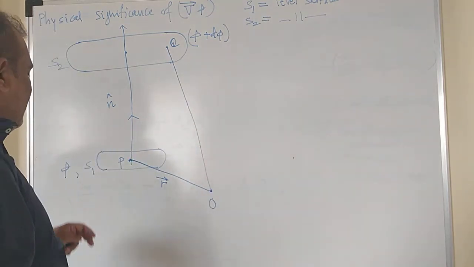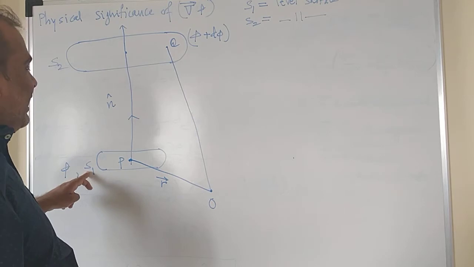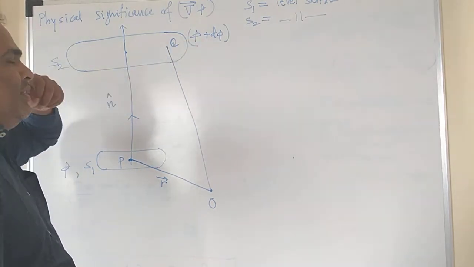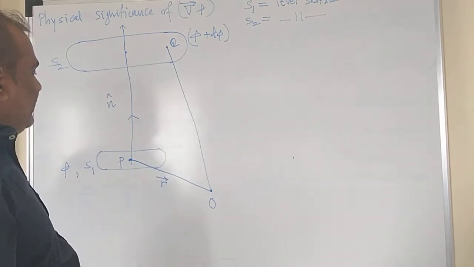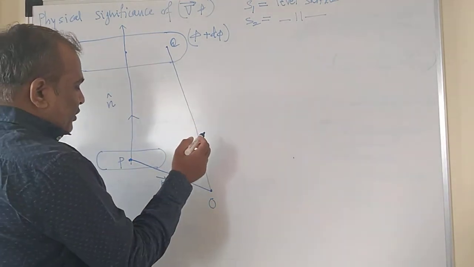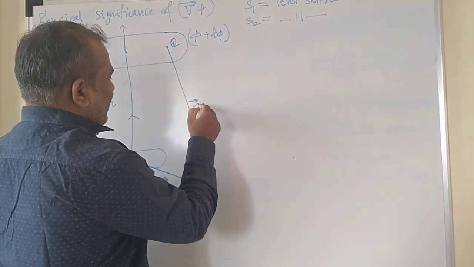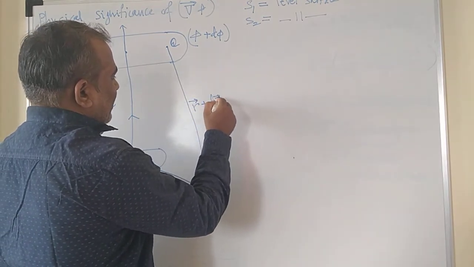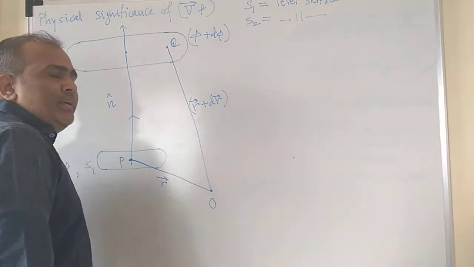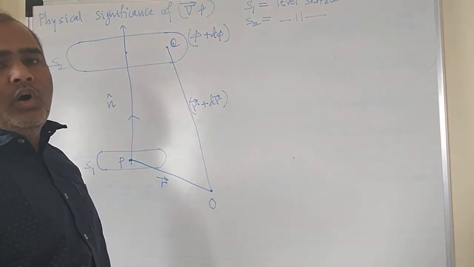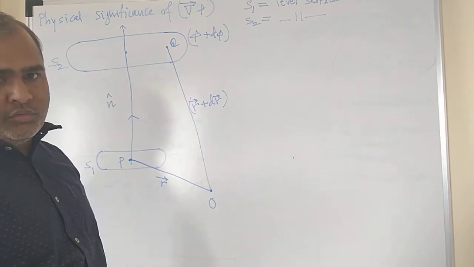If the scalar phi represents S1 and phi plus d phi is represented for level S2, then the position of the point Q with respect to point O will be equals to r bar plus dr bar, because this will be the position vector of point Q on level S2.